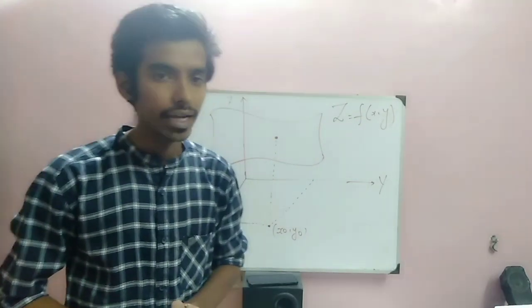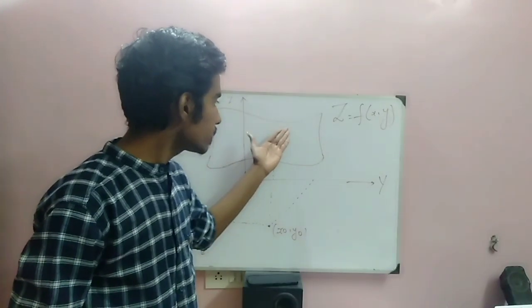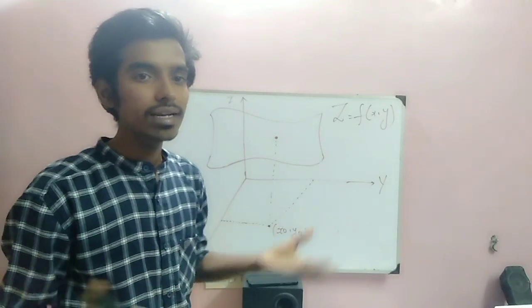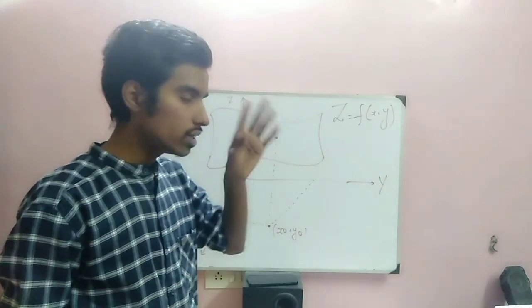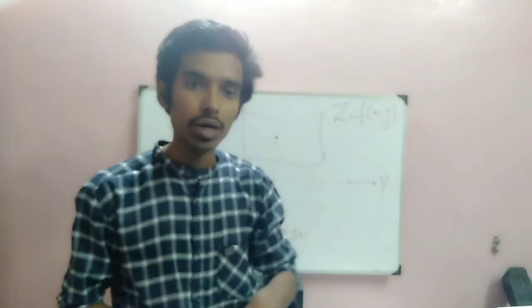It is not possible, because you can see we can draw a tangent line in any direction, so the direction is not clear. In a function of a single variable, we can draw only one tangent line for a particular point.